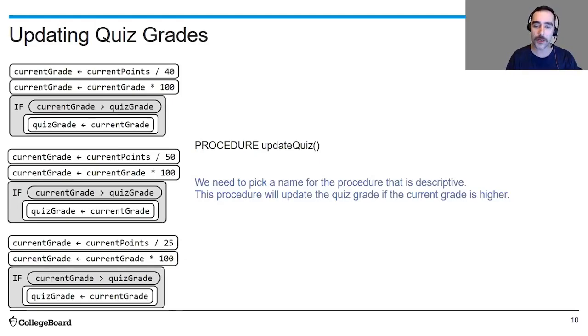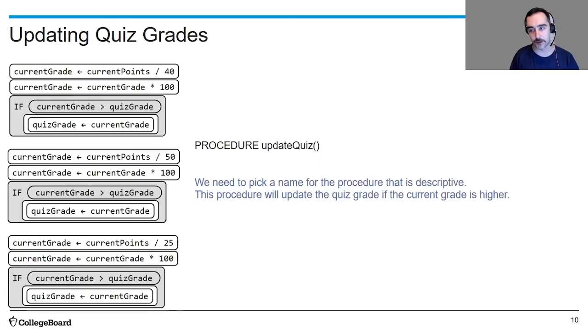So you want to pick a name that's descriptive and reflects the purpose of your procedure. In this case, we're basically updating the quiz grade, so I chose updateQuiz. You may notice the camel case in the way that we name it: each new word starts with a capital letter. That's a very important part that sometimes is overlooked. So make sure when you're writing a procedure that you name it well. All right.